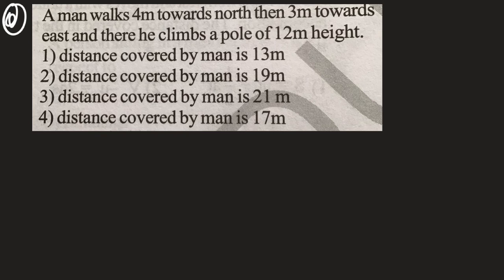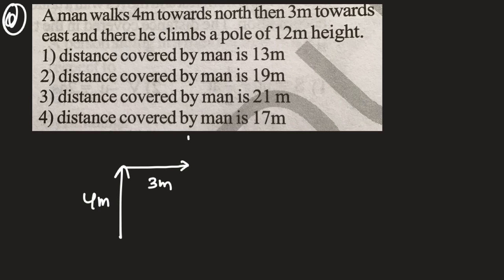A man walks 4 meters towards north, then 3 meters towards east, and there he climbs a pole of 12-meter height. Then what is the distance covered? He moves 4 meters towards north and then 3 meters towards east.